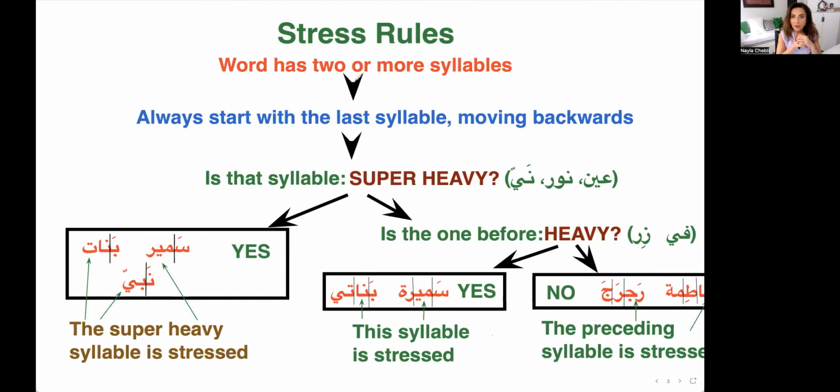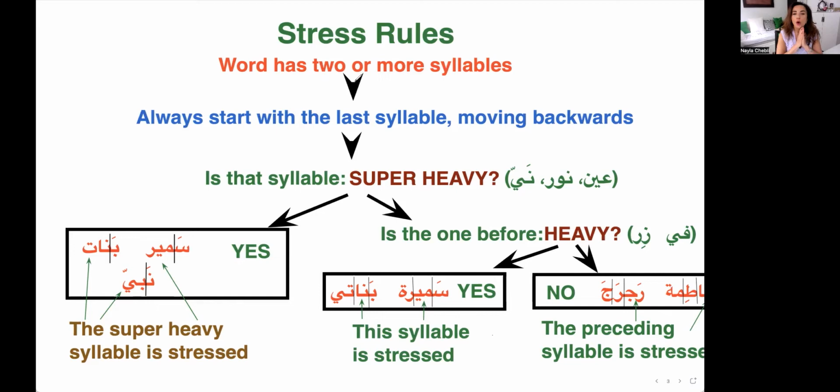So you get an Arabic word, how do you determine where the stress lies? At the beginning, in the middle, or at the end? This is only an issue if the word has two or more syllables. If it has only one syllable, there's no issue. Of course, that's where the stress is. So we're talking now two or more syllables.